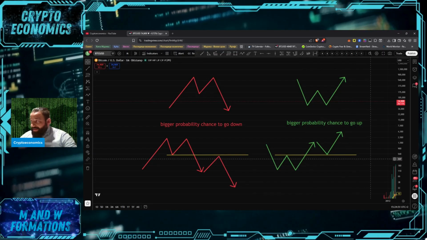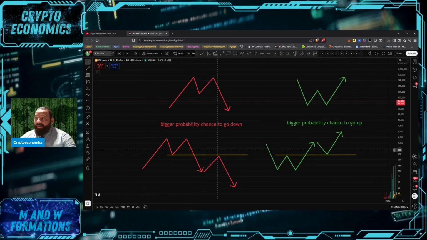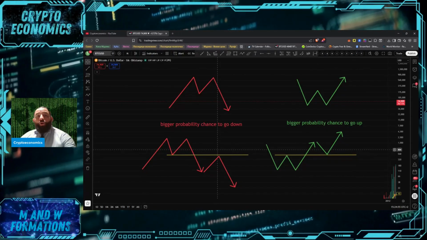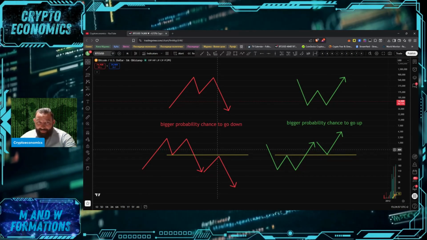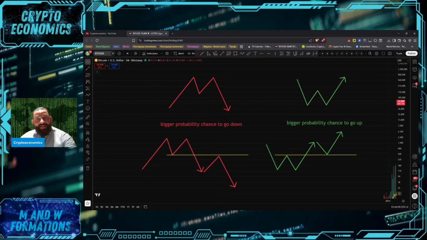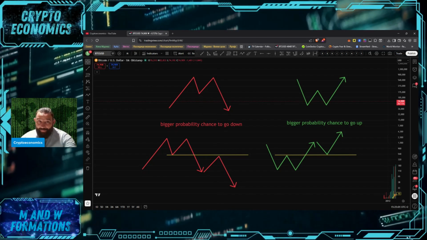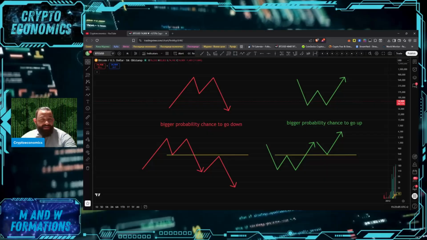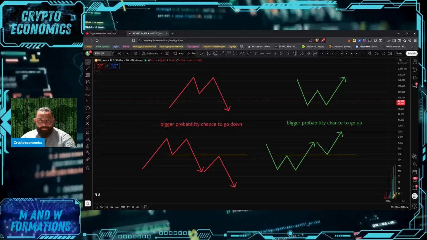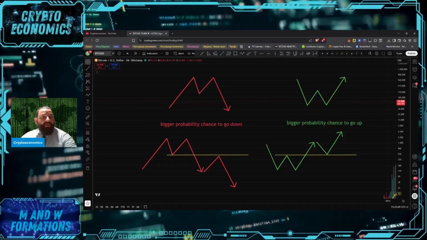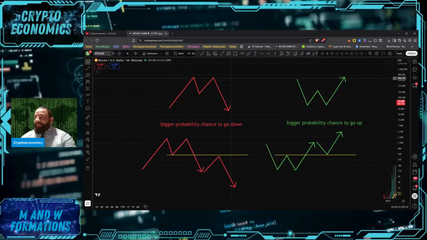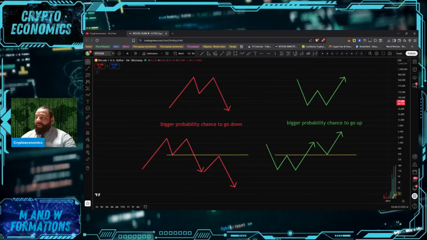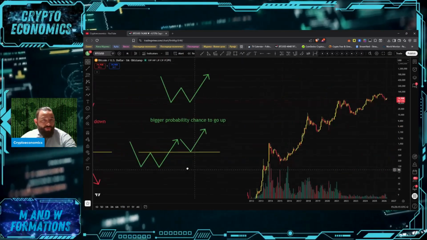There is always the probability that this formation will be broken and go the other way around. But again, the idea of technical analysis is that the probability that something will happen is higher than that it will not happen. So in these cases, if we spot this type of formation, there is a lot bigger probability that they will go the way they are going in these 2 sketches.